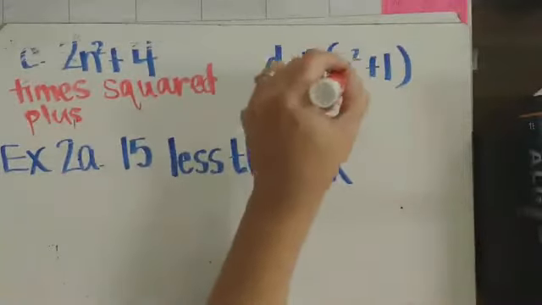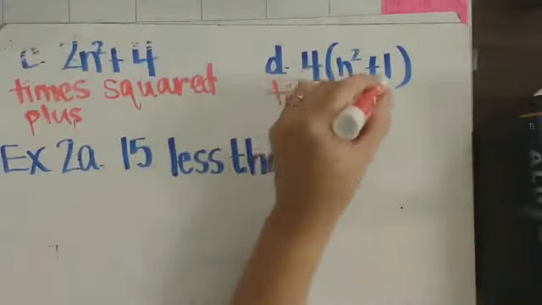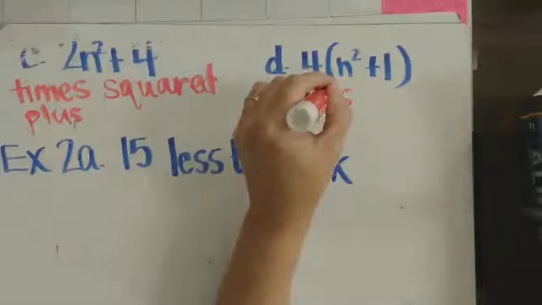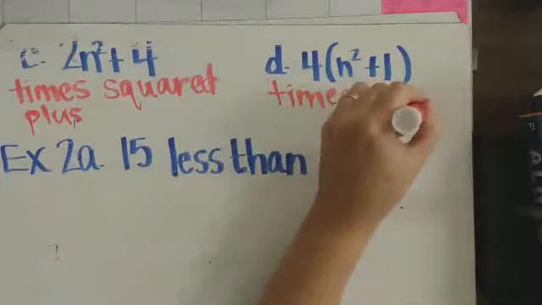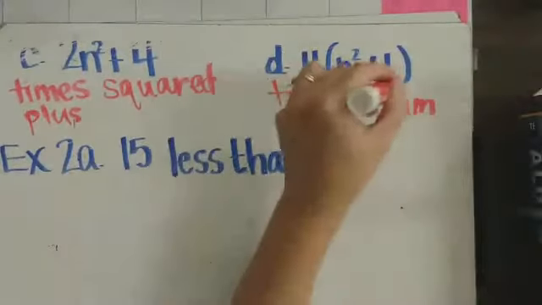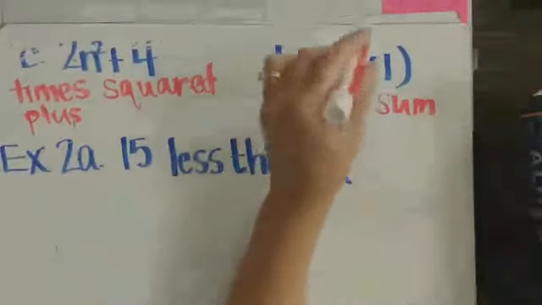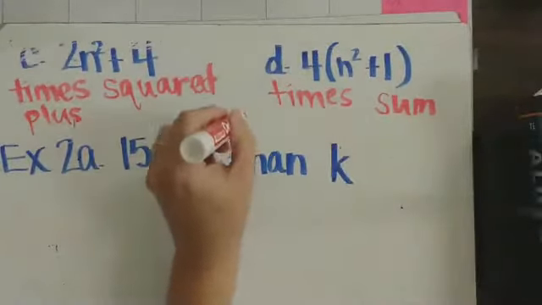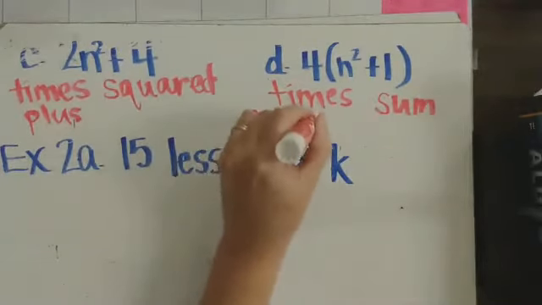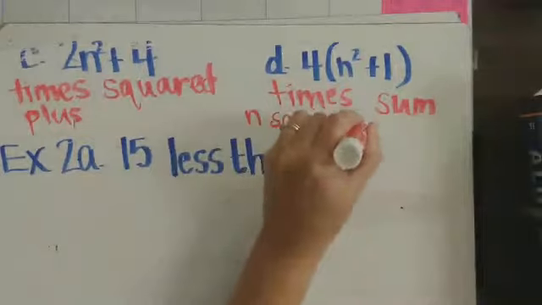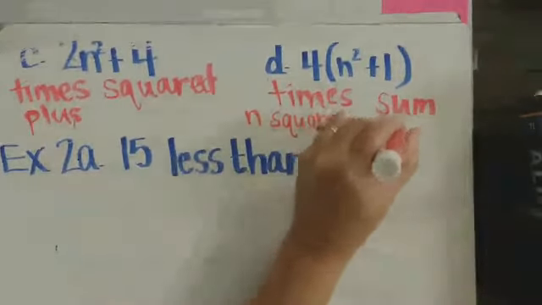And we decided that this was a sum. So we have 4 times the sum of, well, what's going on in here? We have n squared. So the sum of n squared and 1.